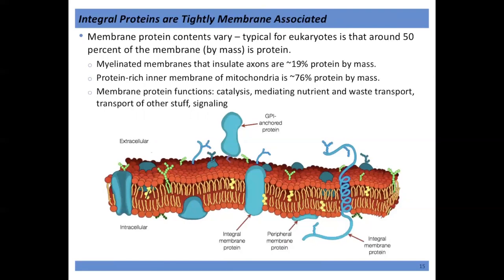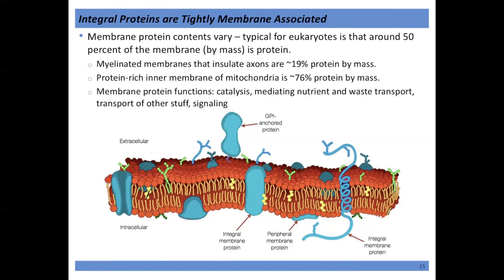You need to take advantage of the insulating properties of lipids. But protein-rich inner membranes for the mitochondria, where you're doing lots of chemical reactions at the interface of these membranes, contain actually a very significant amount. In fact, they contain by mass more protein than they do lipids.